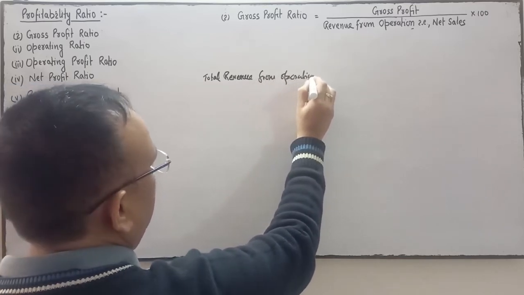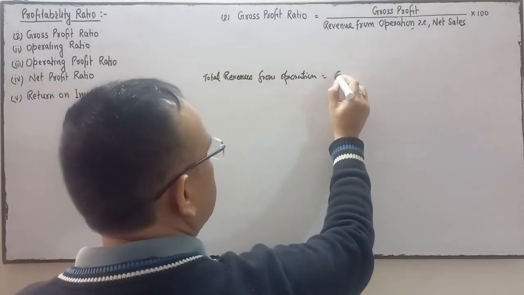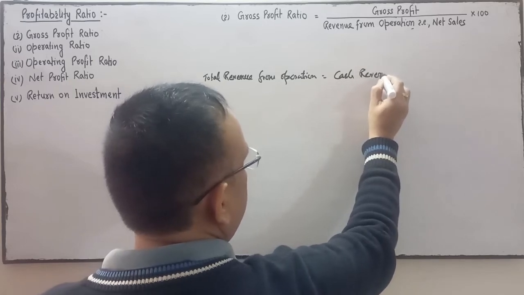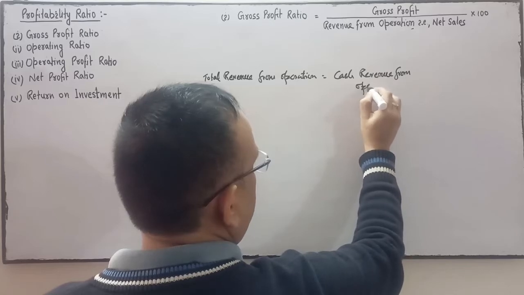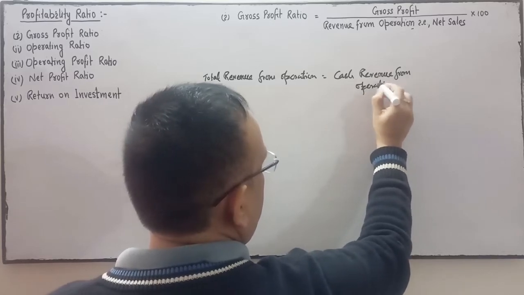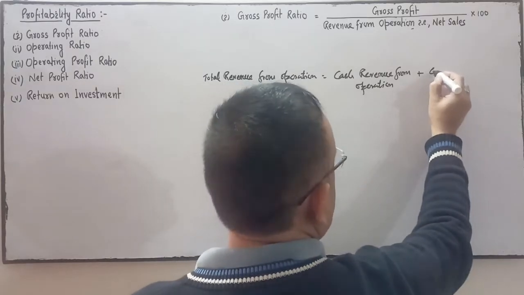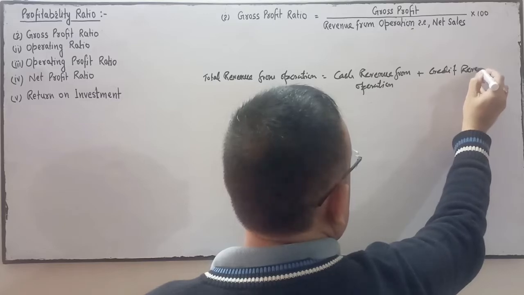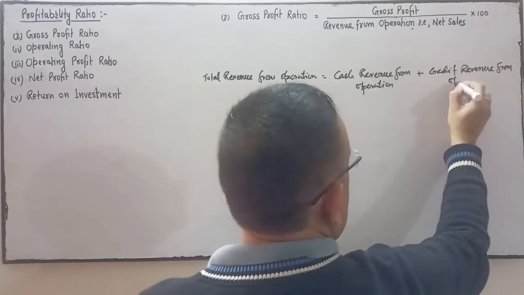Total revenue from operation is equal to cash revenue from operation, which is given in the question, plus credit revenue from operation.